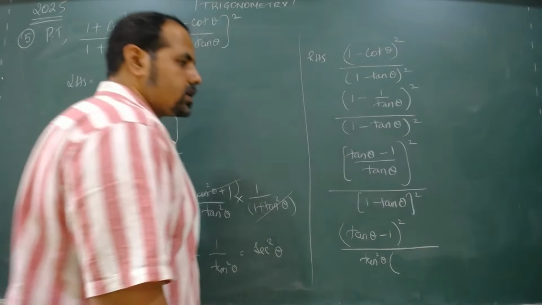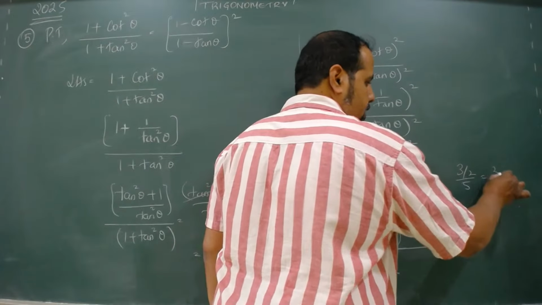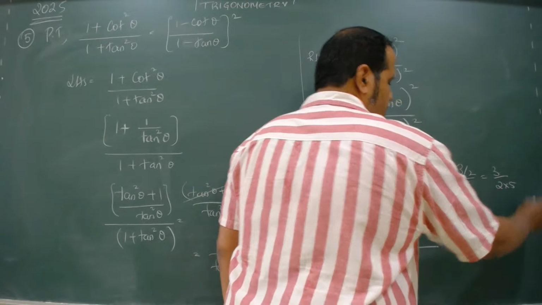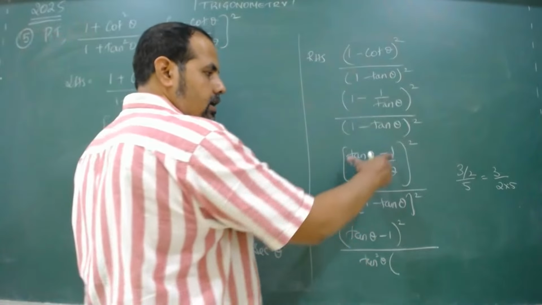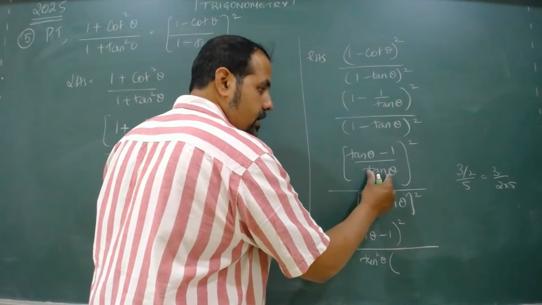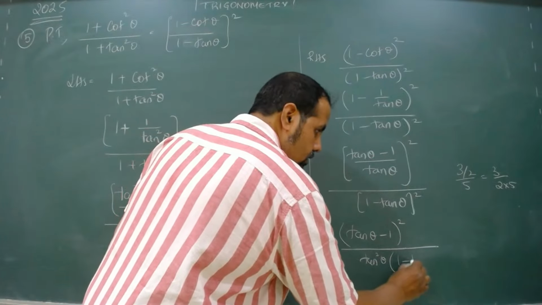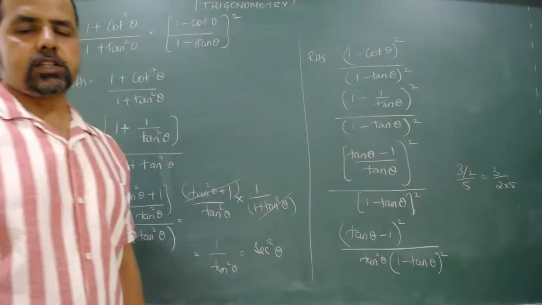You very well know that, say for example, you have 2 by 3 divided by 5, which can be written as 2 divided by 3 into 5. Same way here, let me write (tan theta minus 1) the whole square divided by tan square theta into (1 minus tan theta) the whole square.